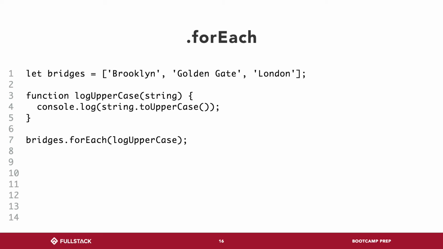So would you type in array or object as the parameter name? What do you mean? Say Brooklyn was a nested array within bridges. Then I would have to do bridges dot forEach logUppercase with the parameter of array.